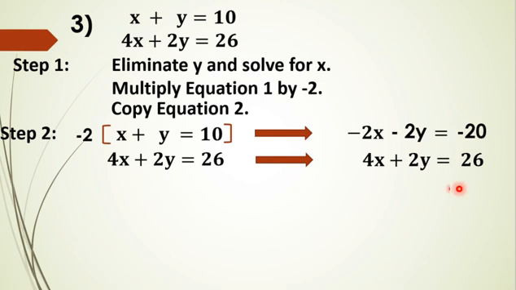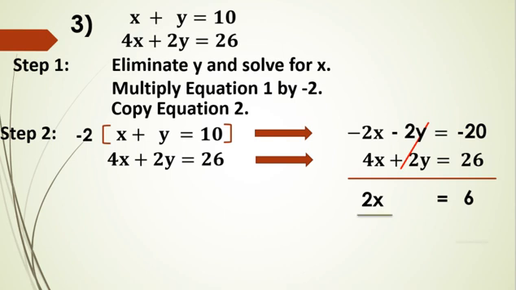Then, let's combine these two equations. Negative 2x plus 4x, positive 2x. Negative 2y plus 2y, 0. So, cancelled na ang variable y. Equals negative 20 plus 26 equals 6.